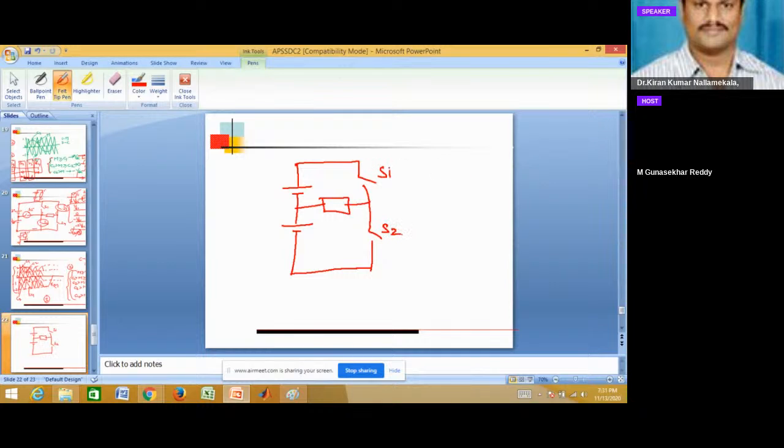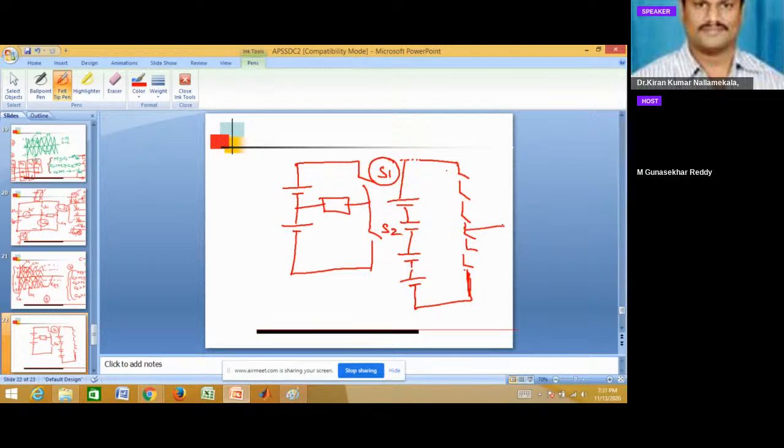In place of S1, in the multi-level inverter configurations, one switch is replaced by many switches, connected to multiple DC sources. This is the multi-level inverter configuration.